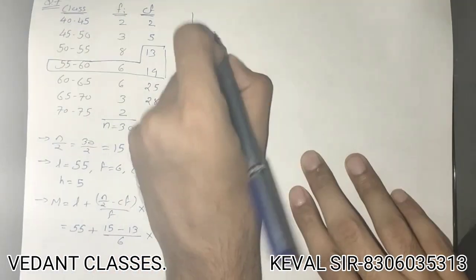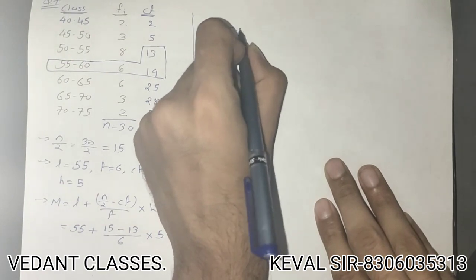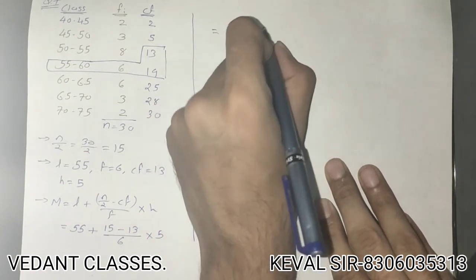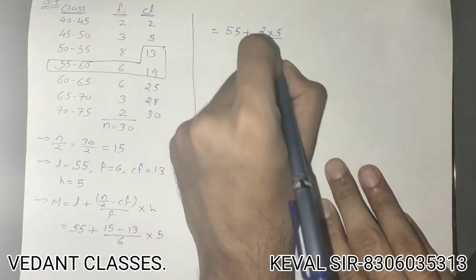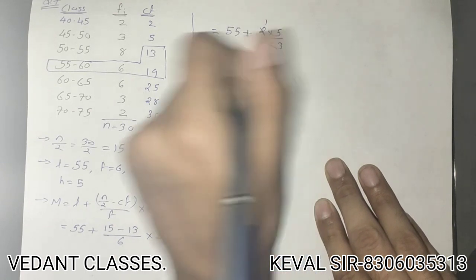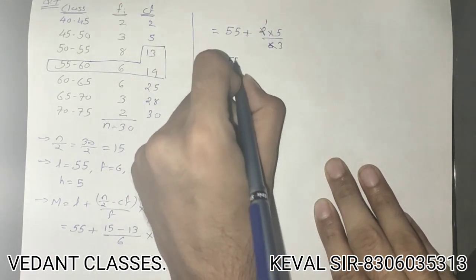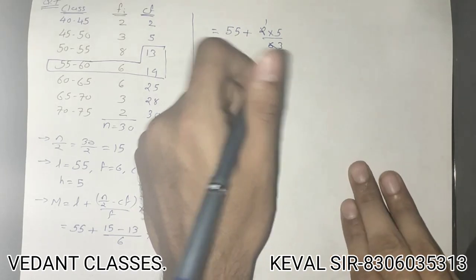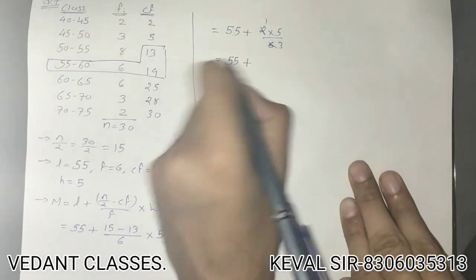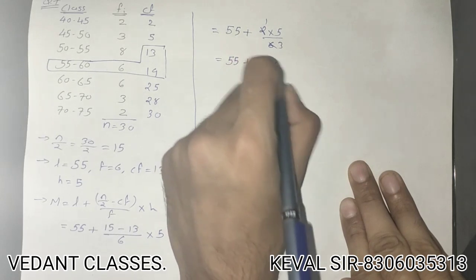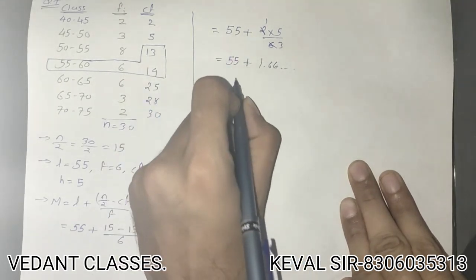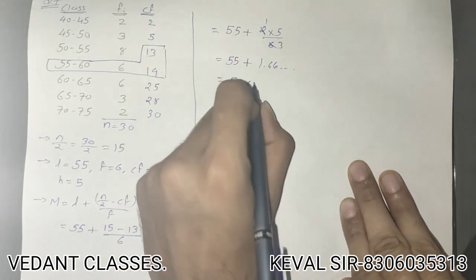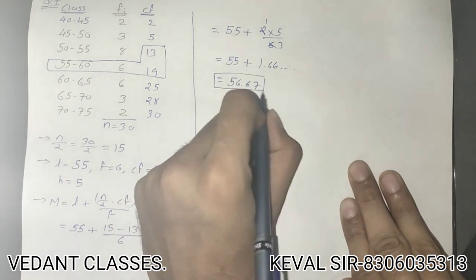Okay, so it will be 55 plus 2 into 5 by 6. It will be 1, 3. So 5 by 3 it will be something around 1.6666. Yes, it will be 1.66. So we can write it like 56.67. This will be the answer for the median.